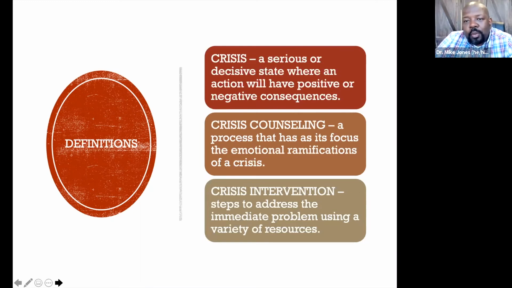And when we think about the word consequences, sometimes there's a negative connection with that word, but the reality is all consequences mean is that because something has happened, either we're going to respond to it in a way that's going to be helpful to us, or we're going to respond to it in a way where it could be harmful to us. And so we want to look at crisis from that perspective, that we have an opportunity for positive things to come from it, or an opportunity for negative things to come from a crisis that happens.